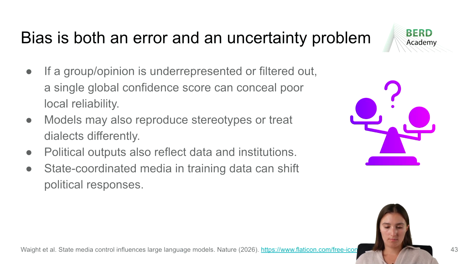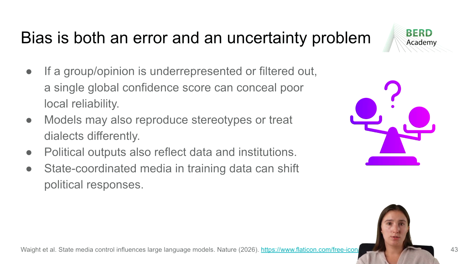As a conclusion for this session, I want to focus that bias is both an error and an uncertainty problem. So if a group, in our opinion, is underrepresented or filtered out in the training data, also like global confidence score can basically hide reliability, because the LLM just relates to what it thinks based on the training data and so on, but this does not necessarily relate to the real world.